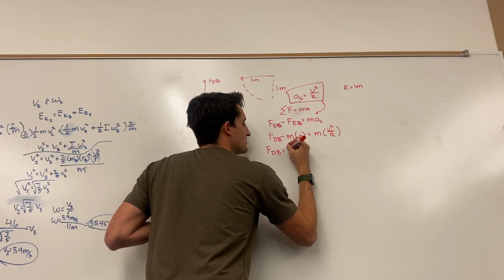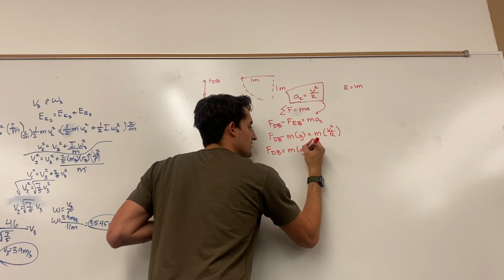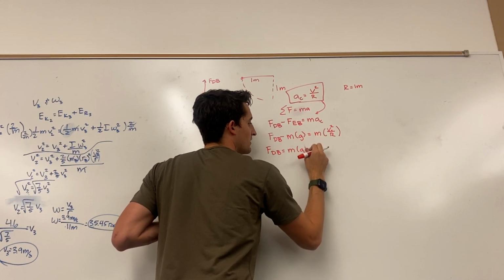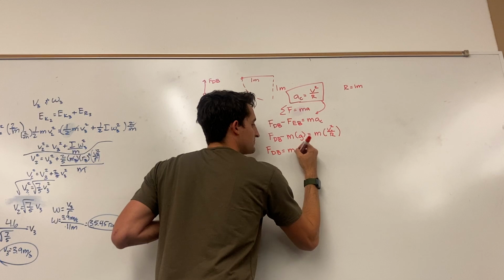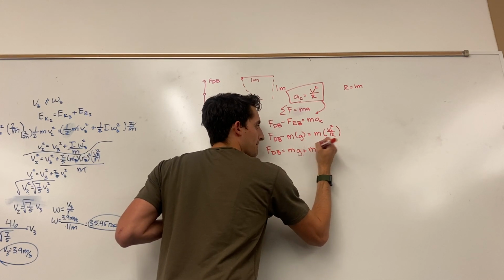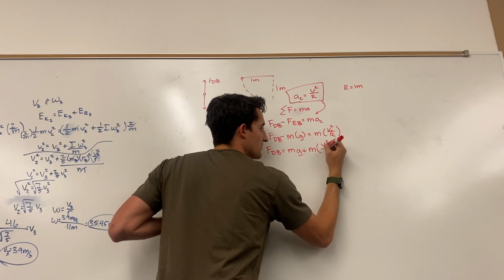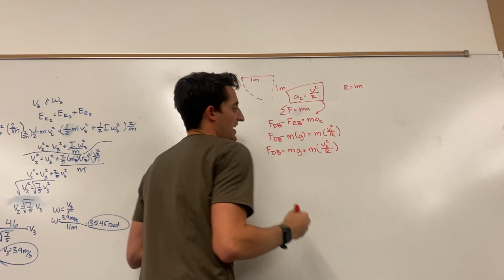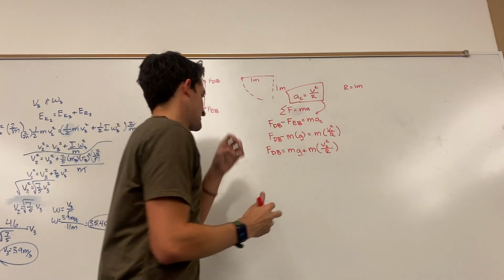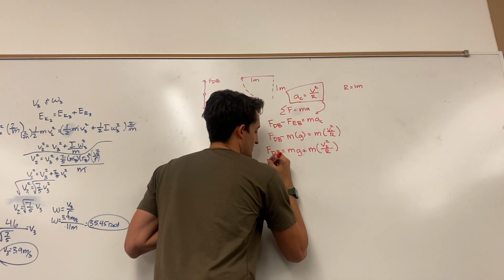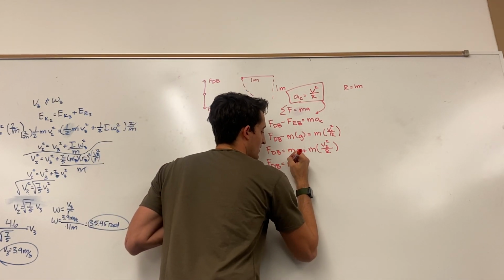So mass times gravity plus mass times linear velocity 2 squared over r. And now we can start getting to business, make it super easy.